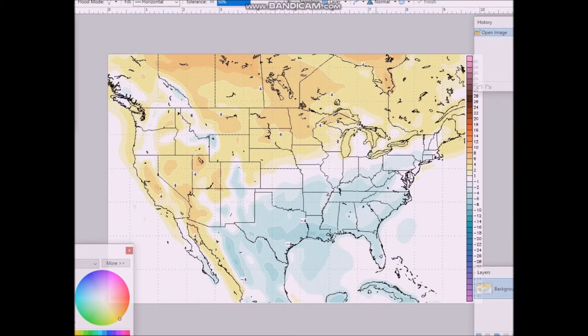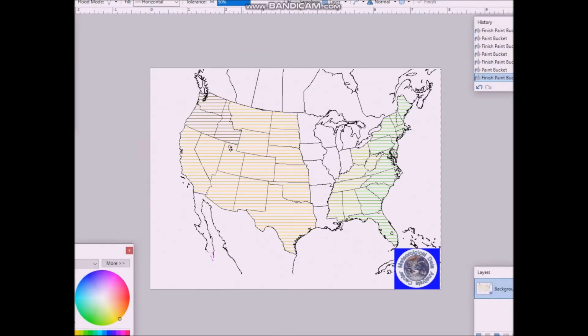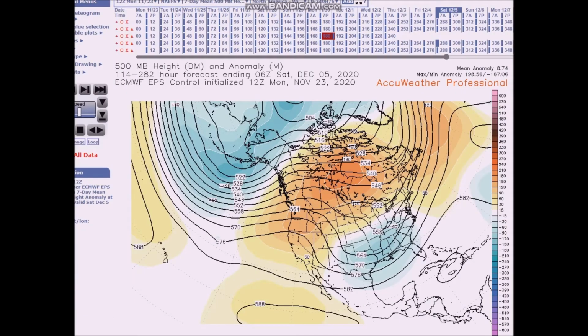Take a look at precipitation. Below normal precipitation is forecast for the plains and the west. Probability of occurrence is 35 to 45%. And then we have above normal precipitation forecast for much of this area, and the probability of occurrence is 35 to 45%. Now, this is where I think the change will be occurring.